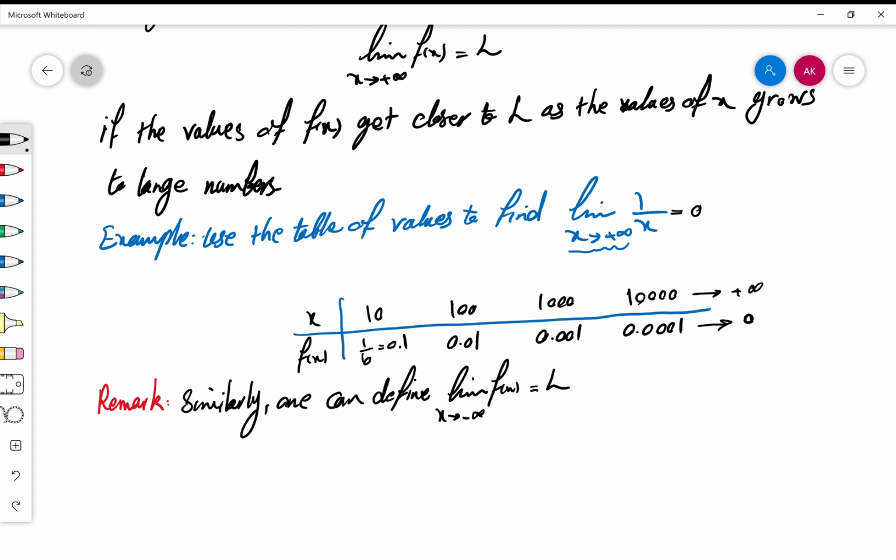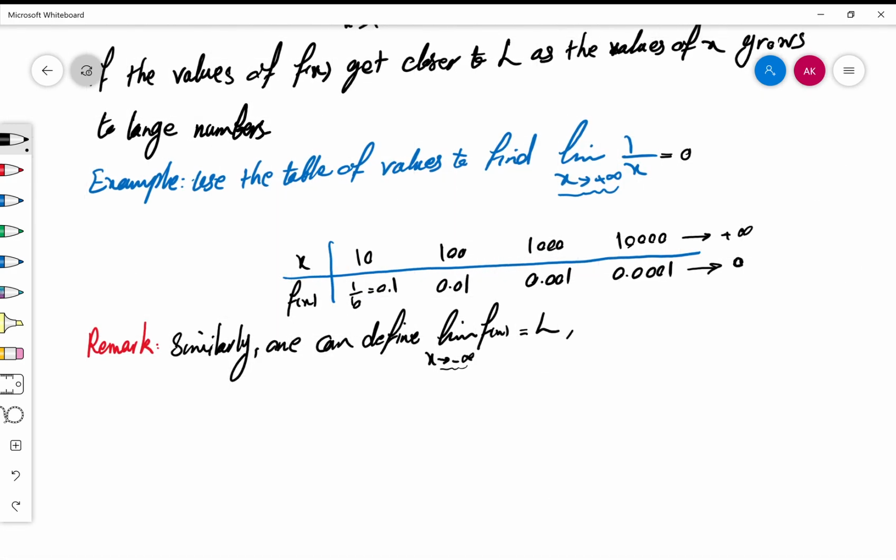Well, this time, as it suggests itself, for example for 1 over x, we will only consider the very negative numbers. So we will start with x equal to negative 10, negative 100, negative 1000. You see that this is getting more and more negative, so this goes to negative infinity.